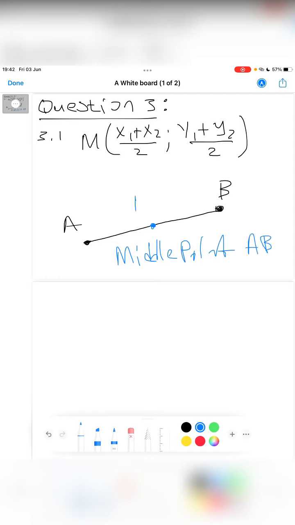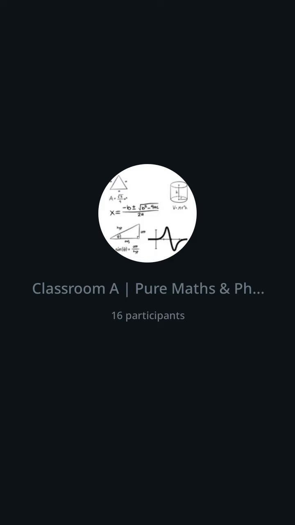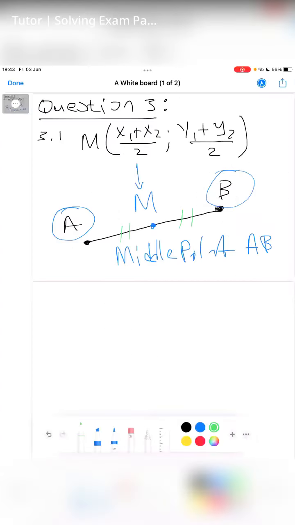So let's consider that to be point M. Sometimes the examiner doesn't say calculate the midpoint of points A and B, but just says calculate the coordinates of M. So if you were told that these two lines are equal, then for them to be equal, it allows you to apply that formula over there.